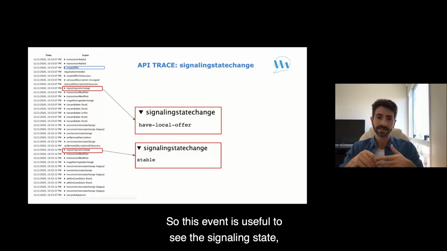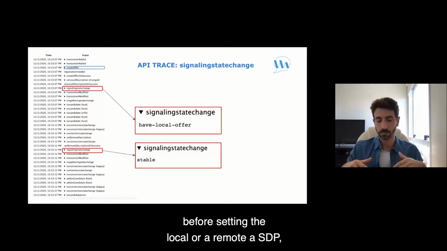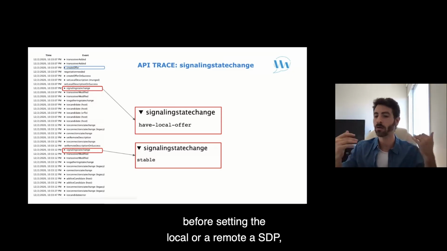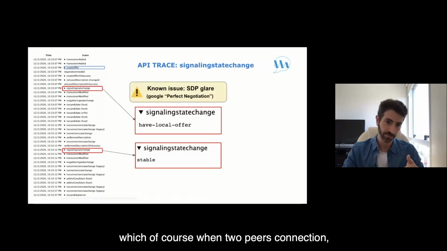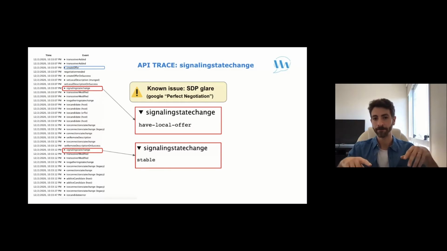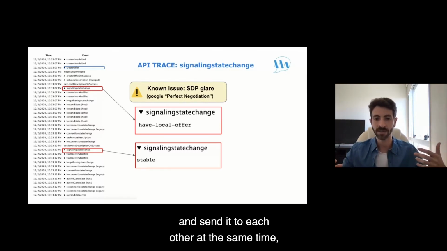So this event is useful to see the signaling state before setting the local or remote SDP, because there is a known issue that is called SDP glare, which occurs when two peer connections create the offer at the same time and send it to each other at the same time.